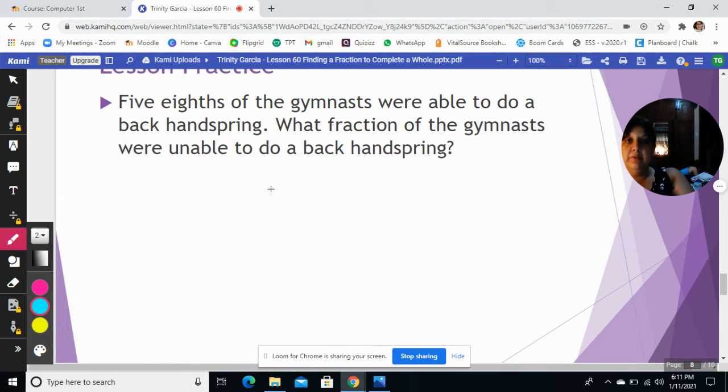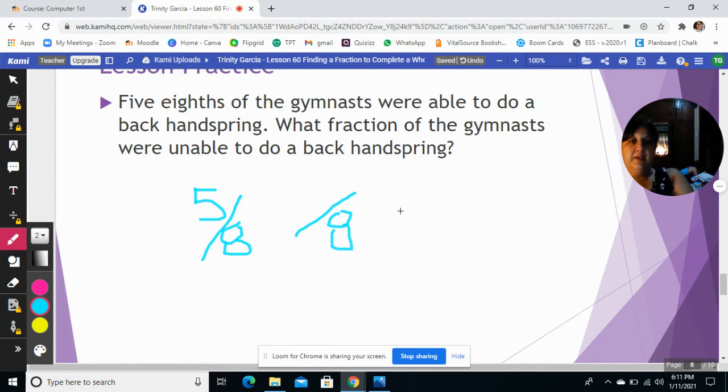Okay, but what I would show you here is you could simply put 5/8. Okay, and we know that we are figuring out a problem with 8, so we know that 8 needs to be on the bottom.